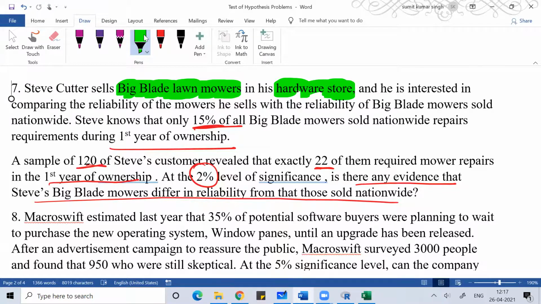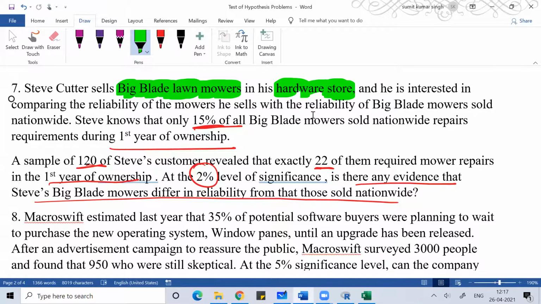This person is very interested in comparing the reliability of the mowers he sells with the reliability of mowers sold nationwide.